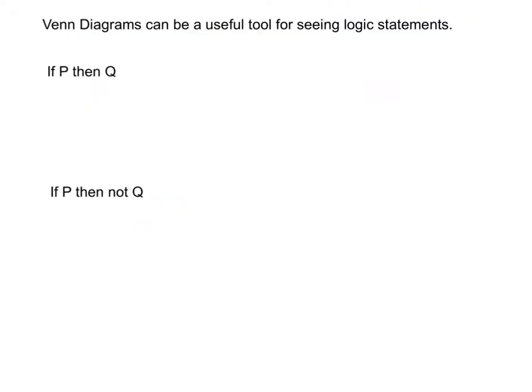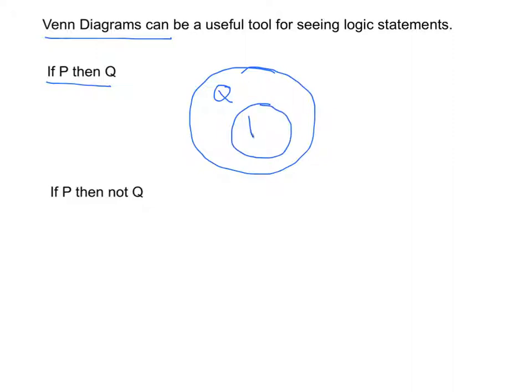So we can also use Venn diagrams as a tool for seeing logic statements, for visualizing them. So if we have the statement, if P then Q, we can represent that by drawing a circle for Q, and then drawing a circle within it for P. So this could be for a statement such as, if I have a square, then it is a rectangle.